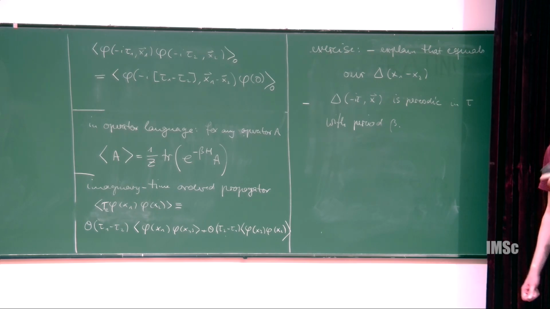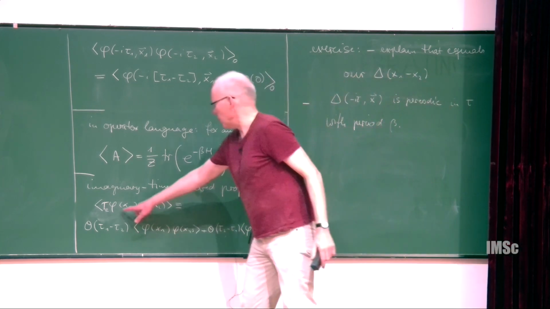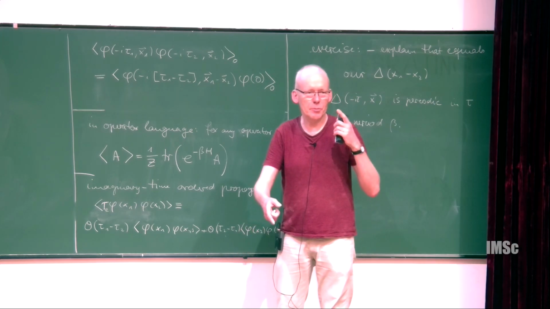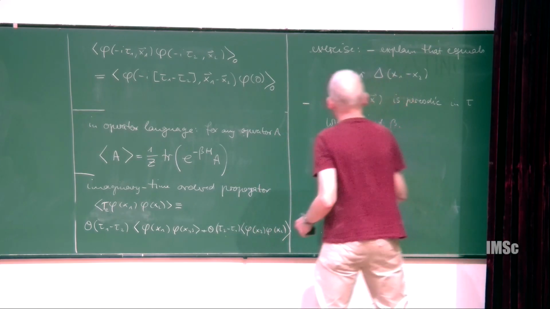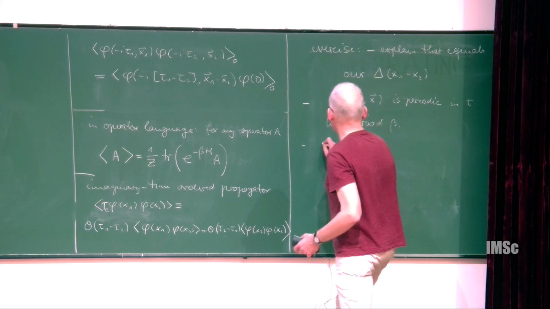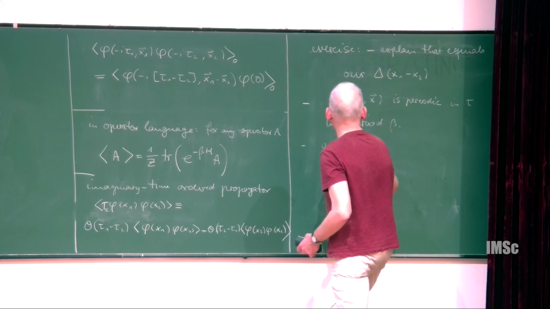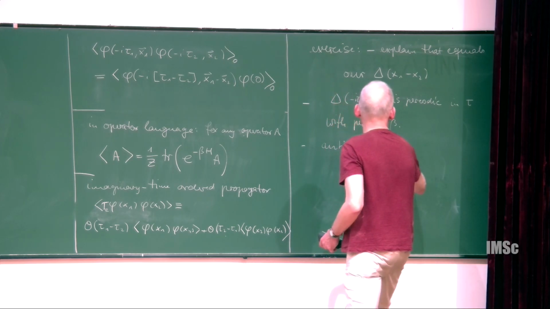And if you have a lot of time, you could also check that if you had not a bosonic field here, but a fermionic field, the propagator is antiperiodic. So this is maybe a bit too much, but if you are interested, that's straightforward, but of fermions.